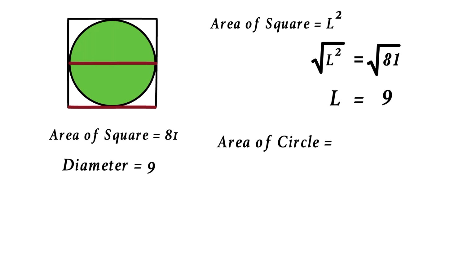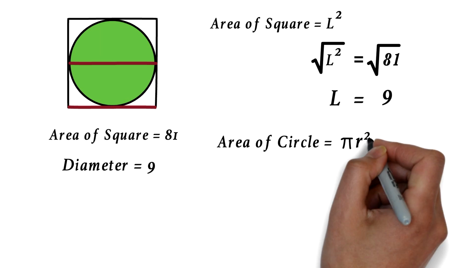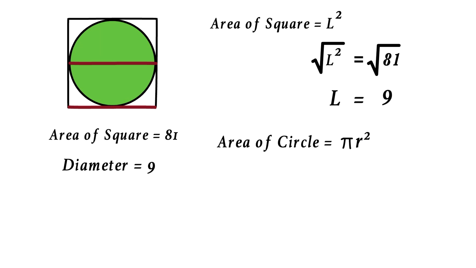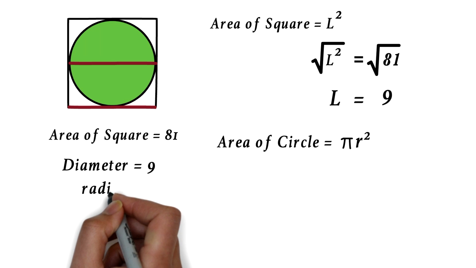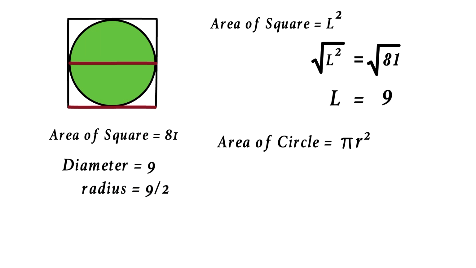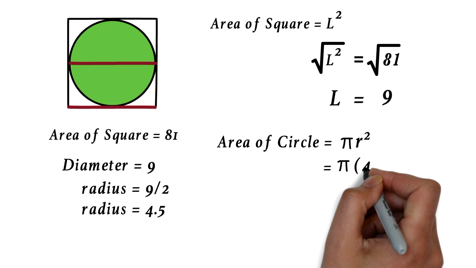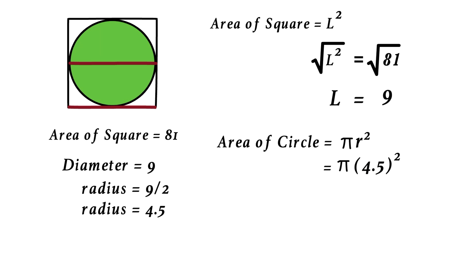The area of a circle is pi times the radius squared. We know that the radius of a circle is half the diameter. So the radius is 9 divided by 2, which is 4.5. Now, we can put our radius into this formula and solve. Area equals pi times 4.5 squared.